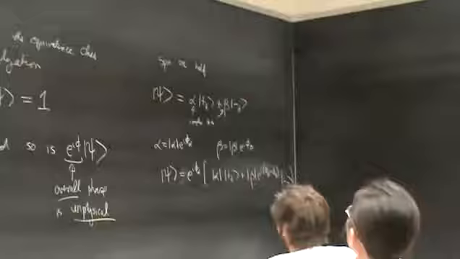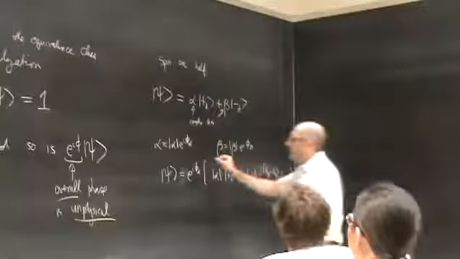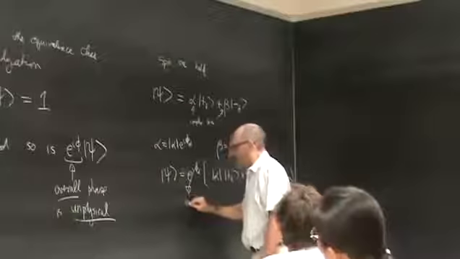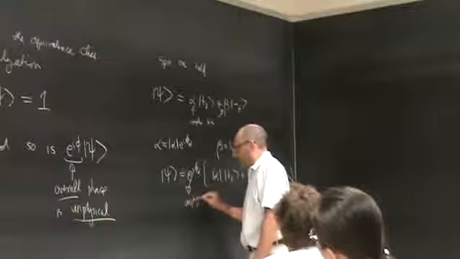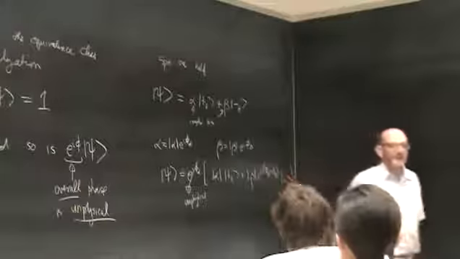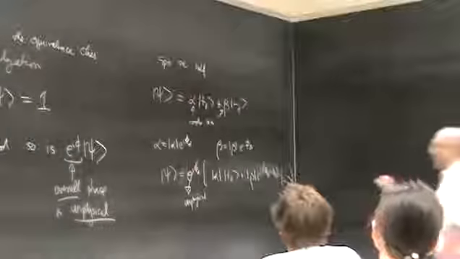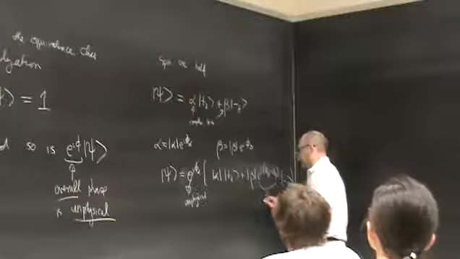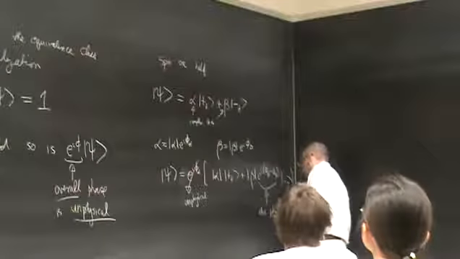It has factored out that one phase. This is unphysical. I can set this phase to be 0 and set this factor to be 1, because it doesn't matter. The overall phase can be whatever I like. However, this phase matters. It's very physical.